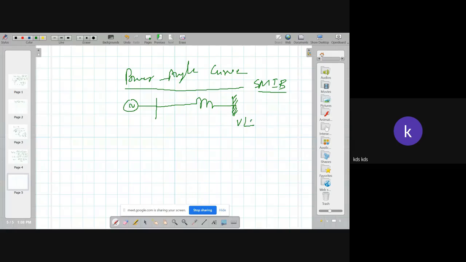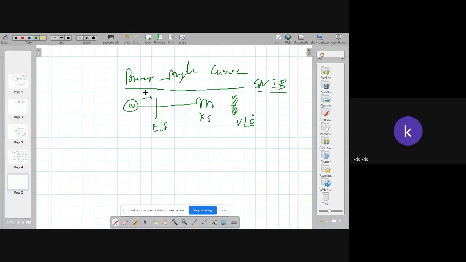At the infinite bus, we have V angle 0 degree. XS is the transfer reactance between the generator and the infinite bus. Terminal voltage is E angle delta.